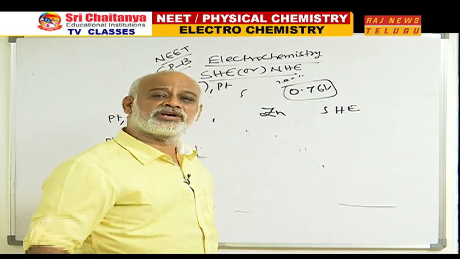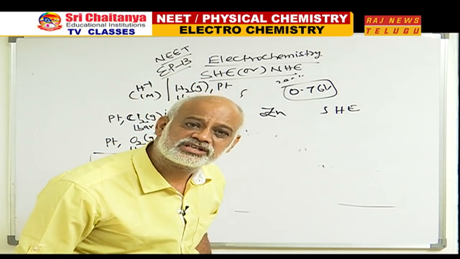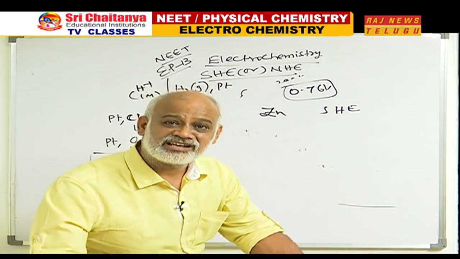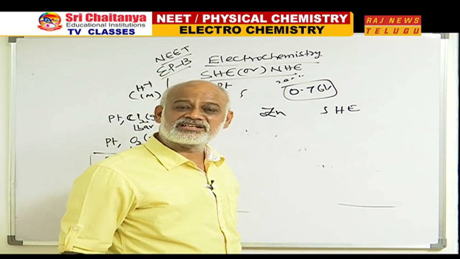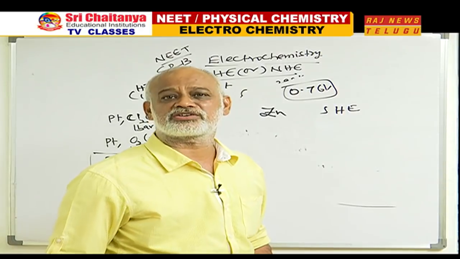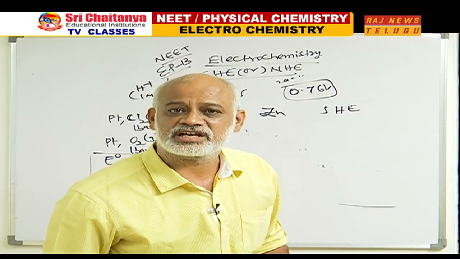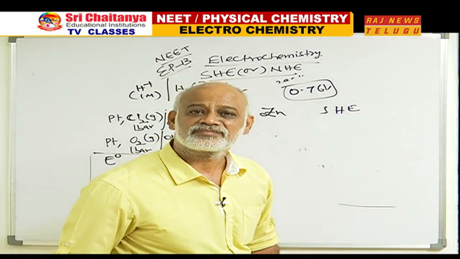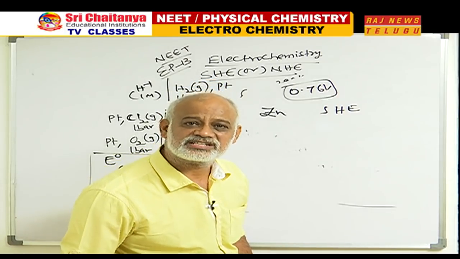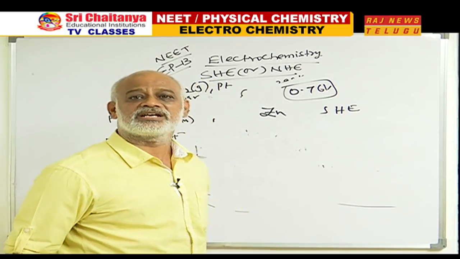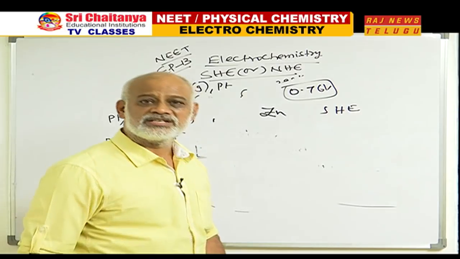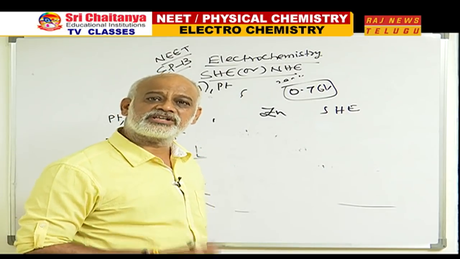How can you take that 0.76 as the electrode potential of zinc? We already assumed that the standard electrode potential of the hydrogen electrode is conventionally taken by us to be 0. Therefore, whatever difference has developed there is actually nothing but the standard electrode potential of zinc.